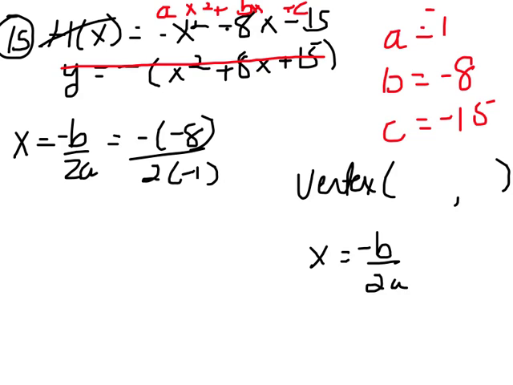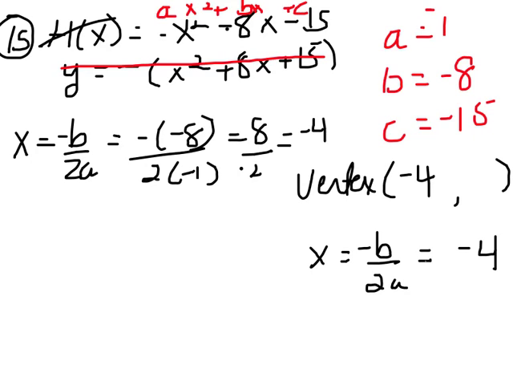Well, a negative 8 is a positive 8. 2 times negative 1 is negative 2. 8 divided by negative 2 is negative 4. So my axis of symmetry is x equals negative 4, and the x-coordinate of my vertex is x equals negative 4. It's a 2-for-1 equation. It doesn't get better than that in math.